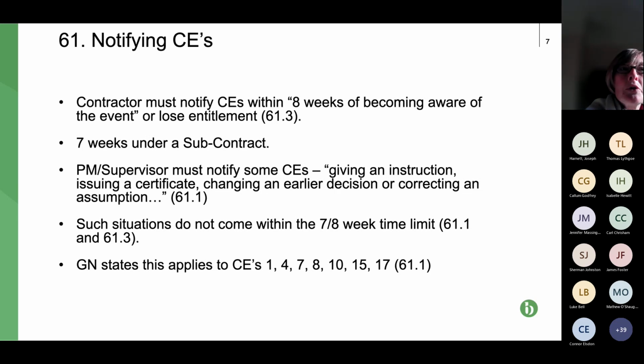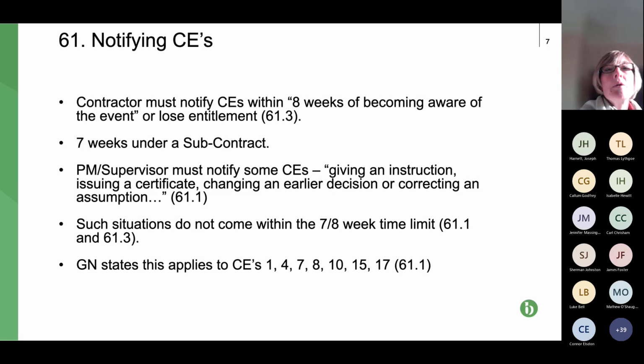That's clause 61.1. If you're not clear on which ones they are, then the final bullet point states guidance notes state this applies to those CEs. And actually, sorry, it says 61.1, but it's actually 60.1.